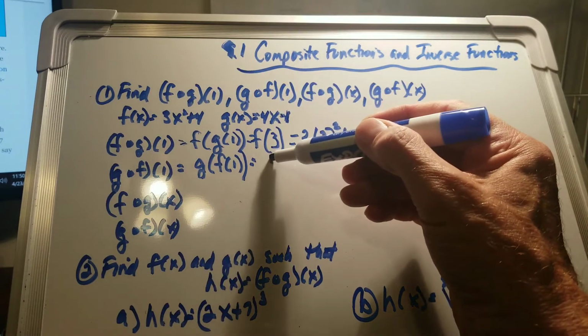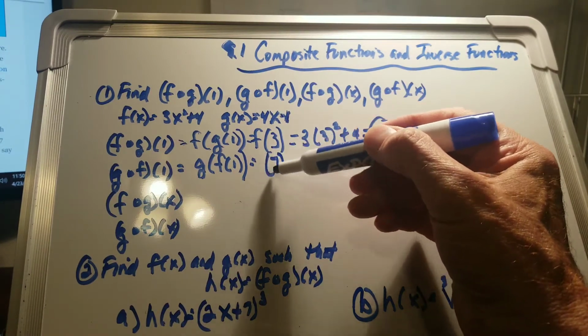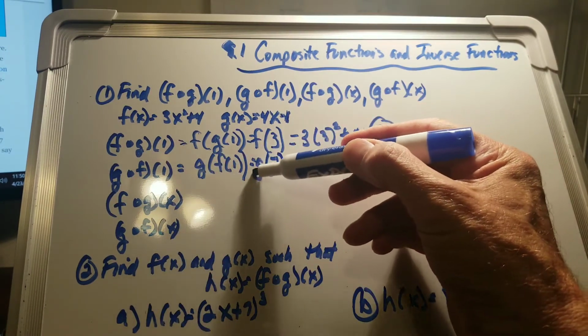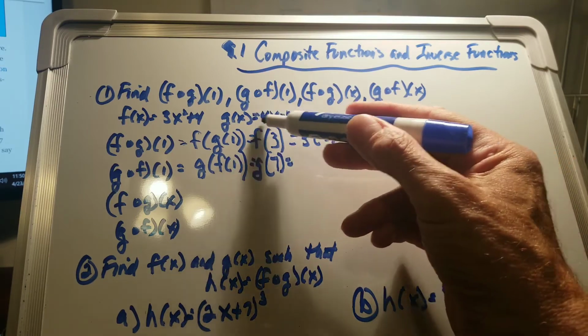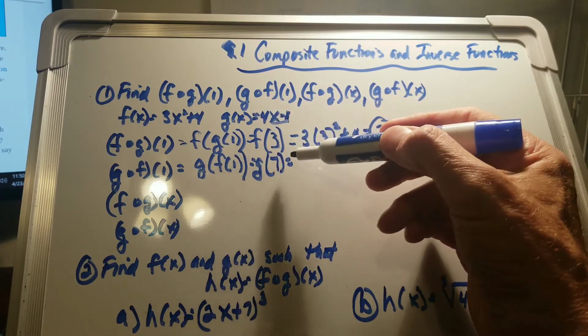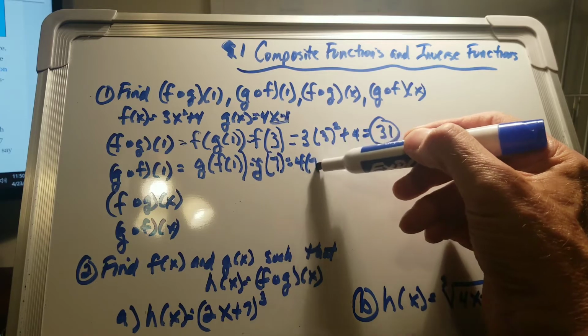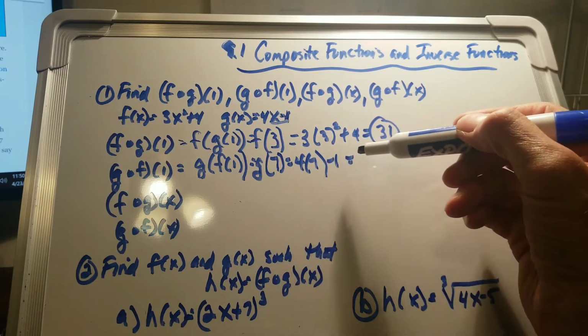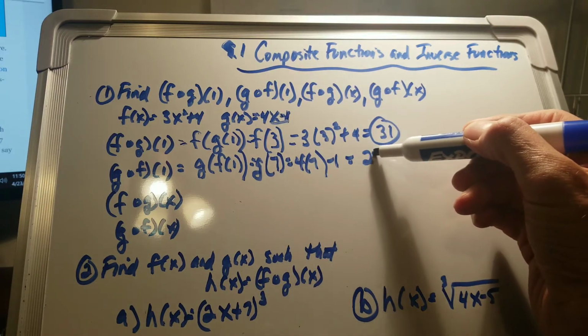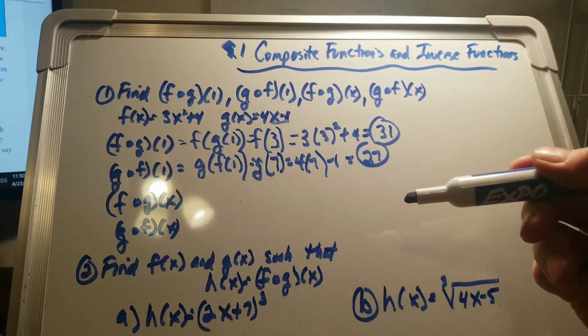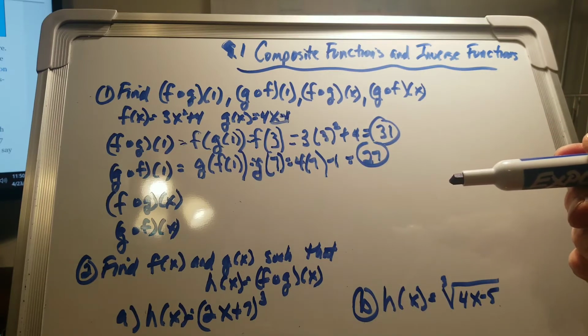So write 7 in parentheses, the outside letter is g, and now we go to the g function and plug in 7. 4 times 7 minus 1 is 27.